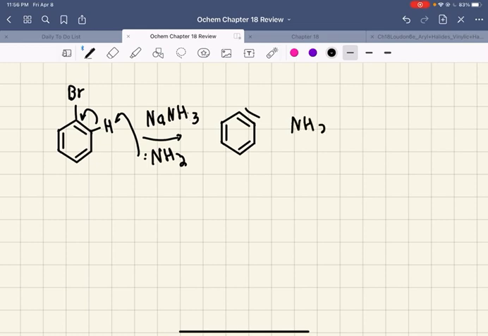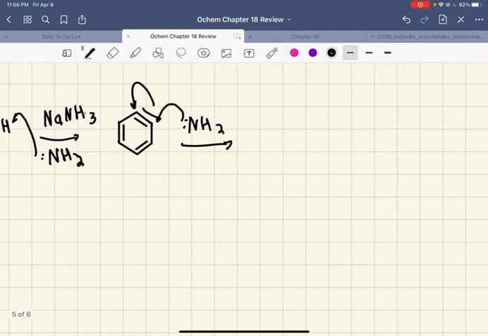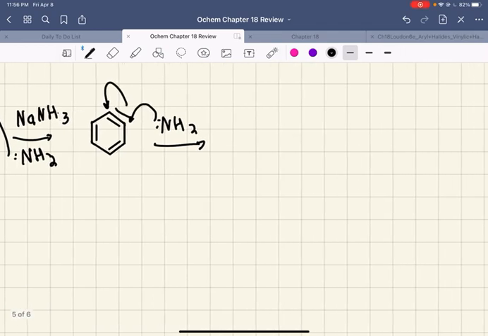Now NH2, which is still in solution, pushes lone pairs there and there, and causes this group to form there.